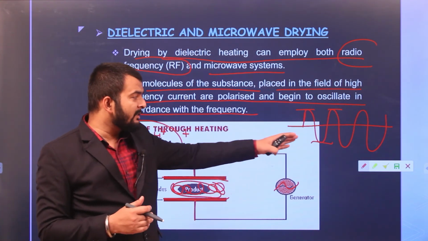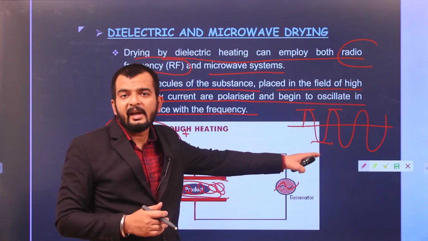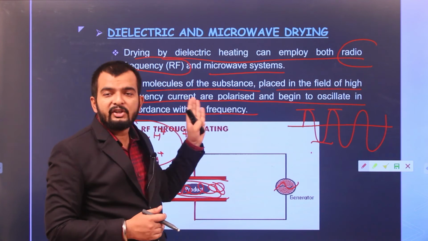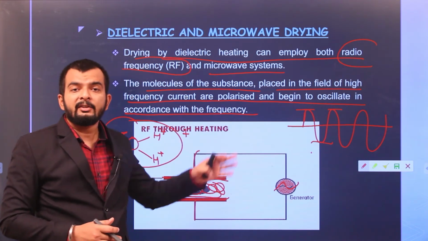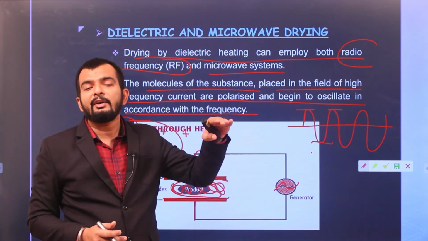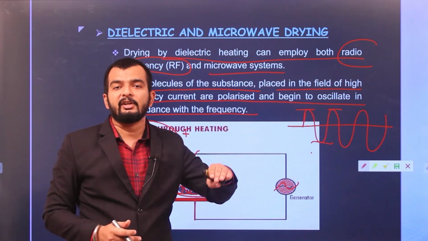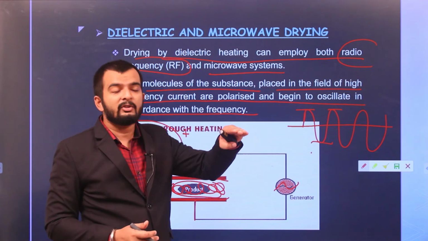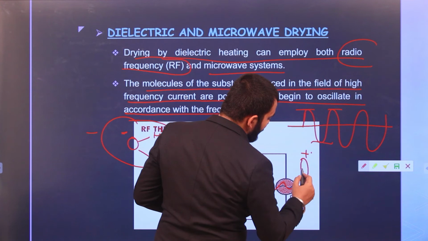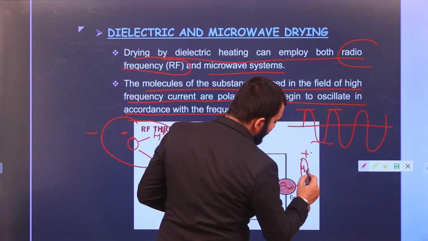As the polarity of the electric field by the EM radiation, be it microwave or radio frequency, continuously changes, the water molecule also continuously changes its orientation. First, suppose the charge of the water molecule, H2O, is plus minus this way.